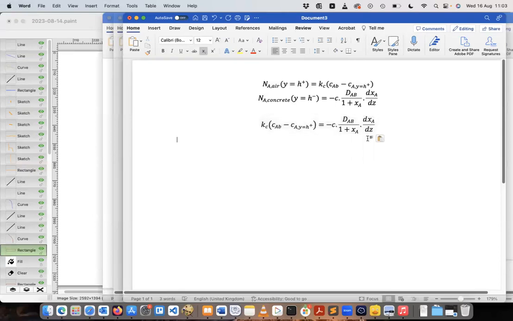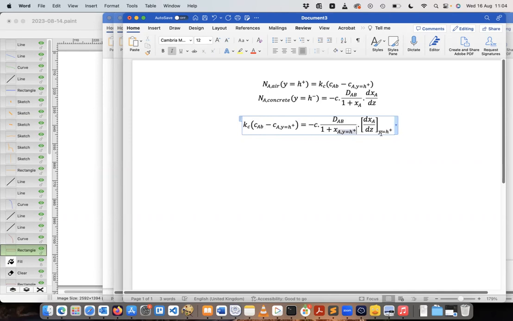And this is the flux of water into or through the concrete near the surface. So we should specify this as near the surface for it to be equal to the left-hand side. So this is dC_A/dz at the surface, which we write as y equals h plus. Right, so this is now a boundary condition that we can use.